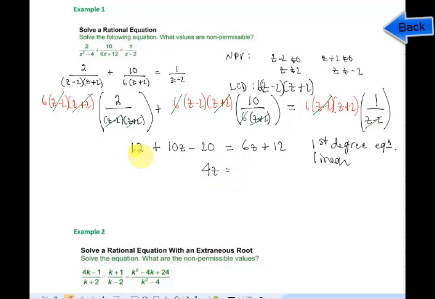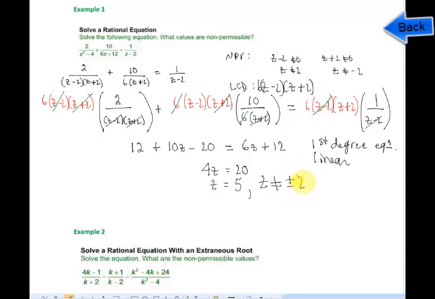On the left, we have 12 minus 20, which is negative 8, and we're going to bring the negative 8 over to the right and add it to the 12. So we're going to have a negative 8 turn to a positive 8 once it's on the other side. So we get 12 plus 8 is 20, divide by 4, and we get that z is equal to 5, where z cannot be equal to plus and minus 2.